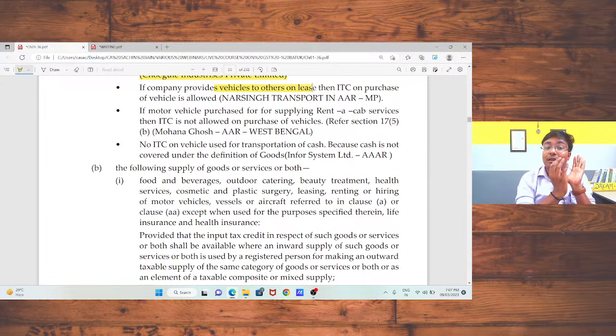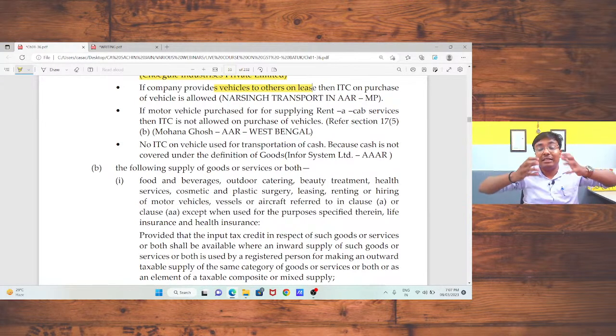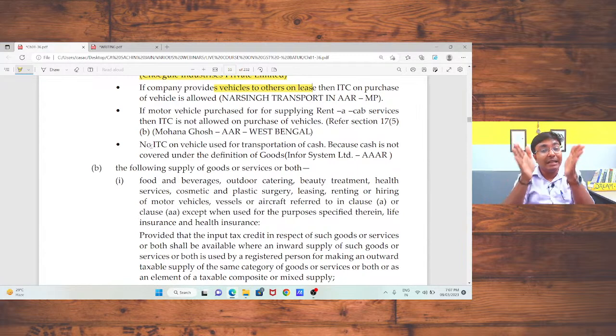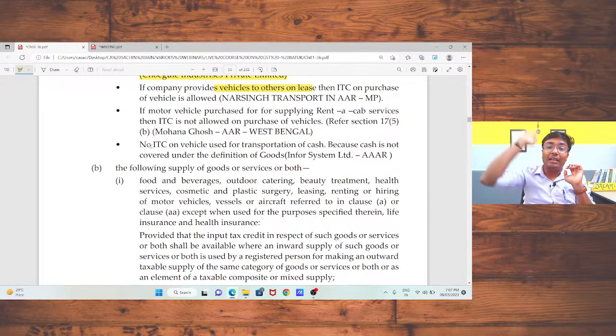In that case, the vehicles are used in my business and my business is completely due to that leasing, so input tax credit on those vehicles is allowed. In case the vehicle is used for transportation of cash only, cash is in the definition of money and money is not goods, hence no supply, hence no input tax credit if you bought a vehicle only for the purpose of carrying cash.